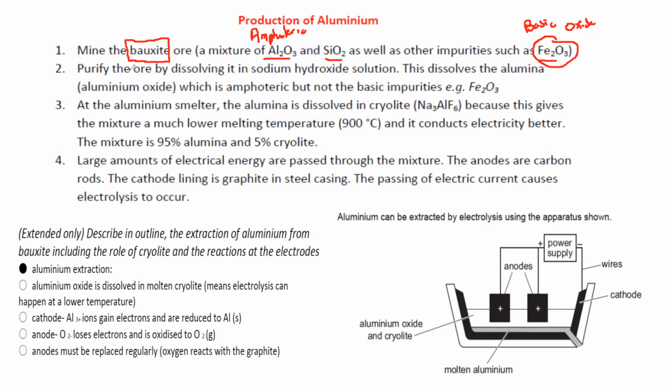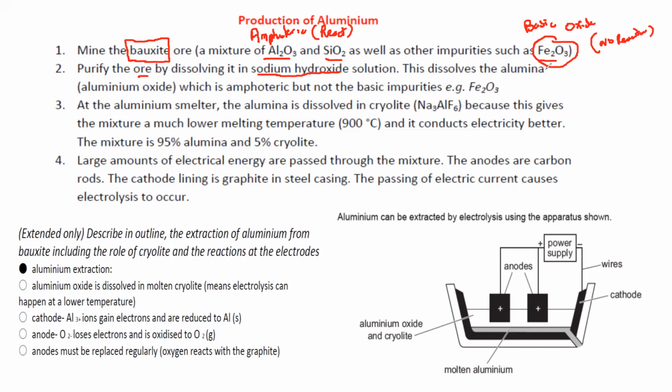So what we do is purify the ore by dissolving it in sodium hydroxide. When we add sodium hydroxide, which is an alkali, it will react with aluminium oxide because aluminium oxide is amphoteric. It can react with acid and alkali. And when aluminium oxide reacts with sodium hydroxide, it will dissolve. But iron 3 oxide is a basic oxide, and a basic oxide cannot react with an alkali. So there will be no reaction between them.